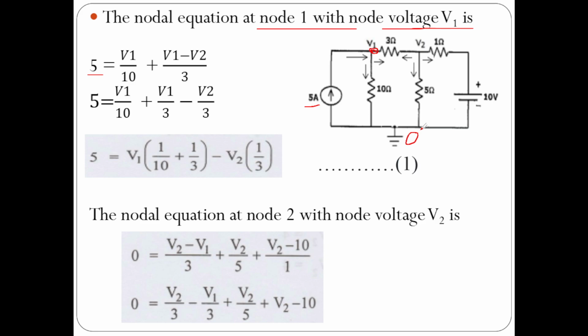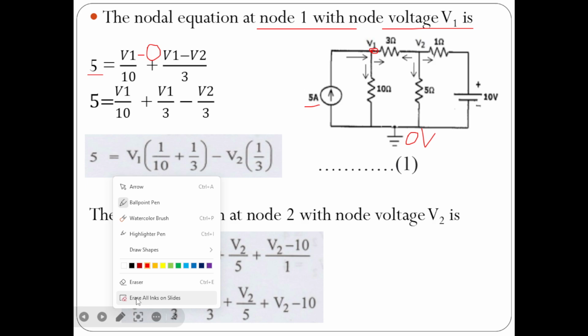The minus 0 is not important, because subtracting 0 makes no difference, so we need not write it. So V1 by 10 ohms, since voltage by resistance is current.